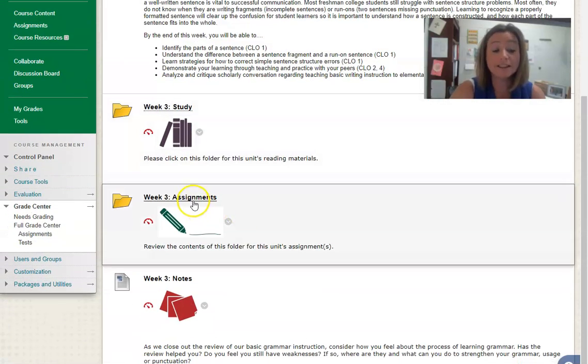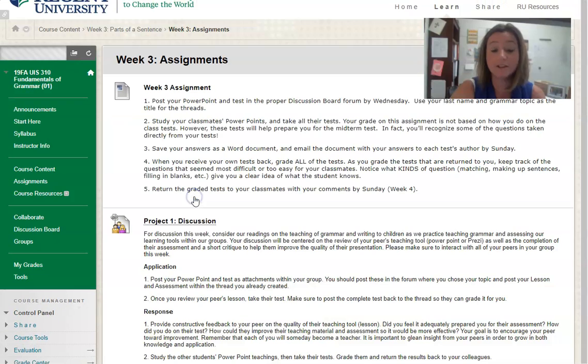So when you get into the assignment portion of this week, this is where you're going to be sharing and then taking the assessments of the people who are in your group, which is why everyone had to sign up for something different. So what you're going to be doing is you need to post your teaching lesson, your PowerPoint, and your assessment in your group discussion board. Please make sure you do this by Wednesday so that everyone has enough time to be able to review them and then take your assessments.